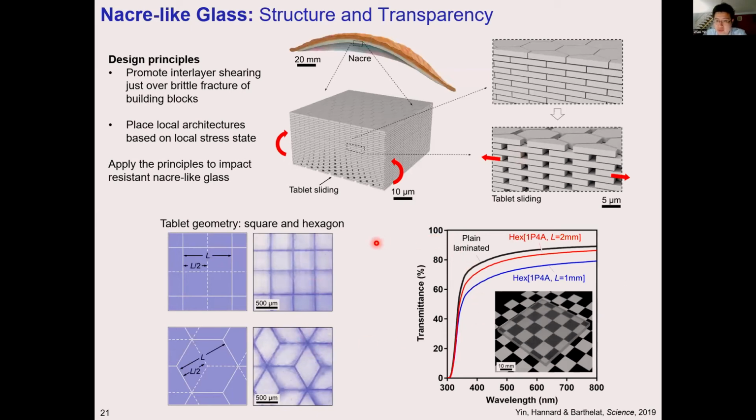We are the first to make these bulk transparent Nacre-like materials, and you can see the transparency of the Nacre-like glass is actually quite close to plain laminate glass, although a little bit lower. But we can tune the tablet size and geometry to approach the transparency of plain laminate glass.